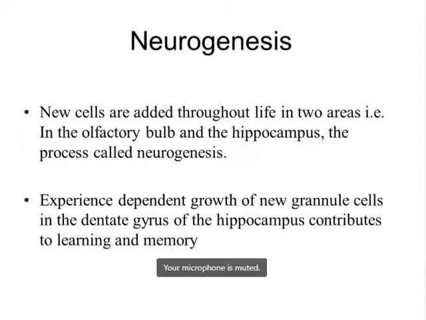Anyway, you know anatomy. In the anatomy book, you will get the three-dimensional figure also. Now, experience-dependent growth of new granule cells in the dentate gyrus of the hippocampus contributes to learning and memory. So, the hippocampus is the seat of short-term memory.